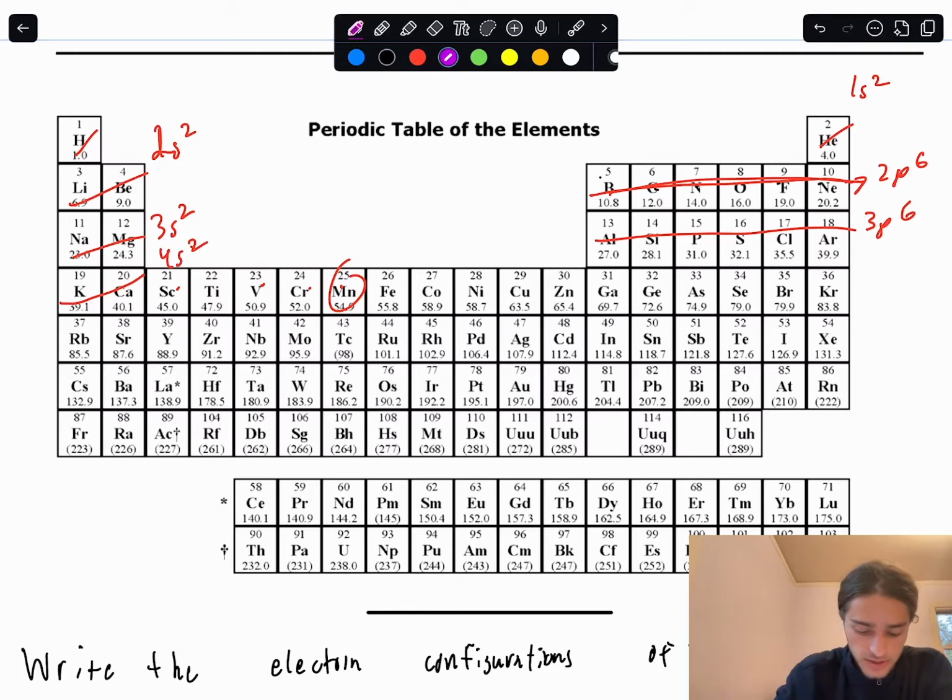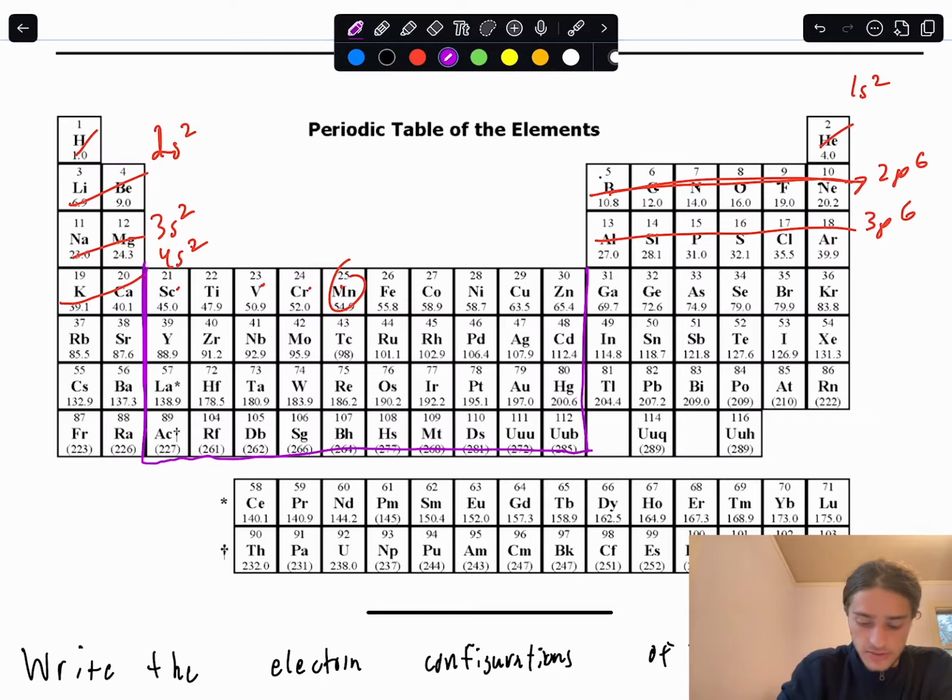So this is actually called the D block of the periodic table, and that's because these elements finish their electron configurations with the d orbitals. And the first row of the D block obviously has the first electrons in d orbitals at all. And so manganese is going to have 5 electrons in its d orbital.